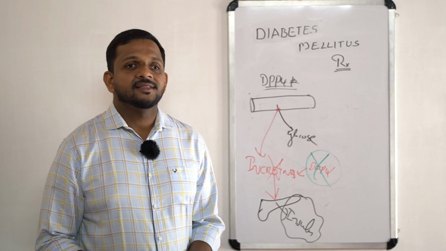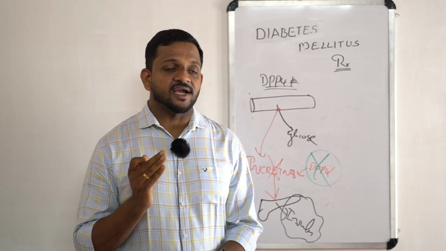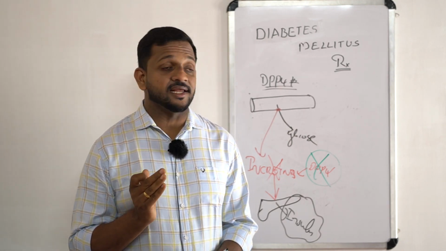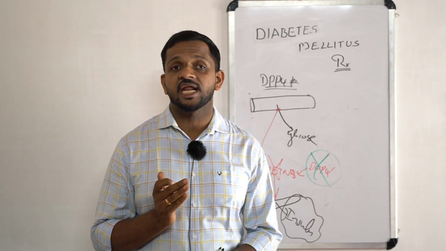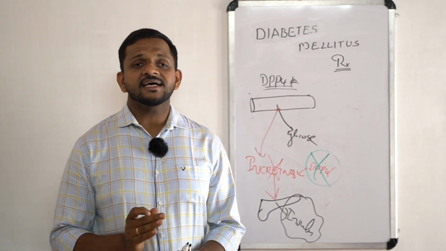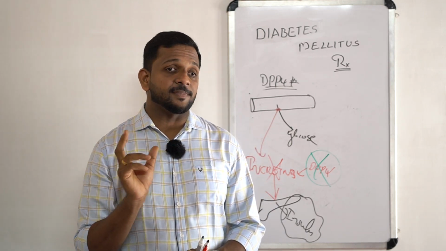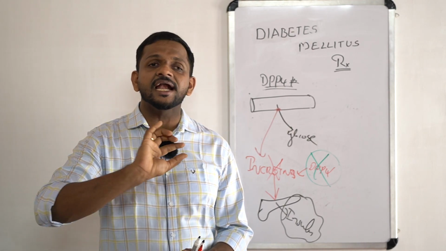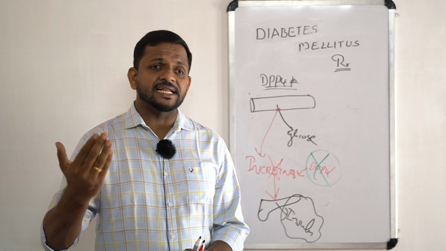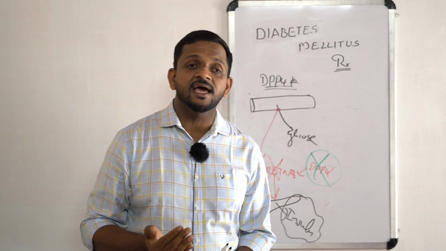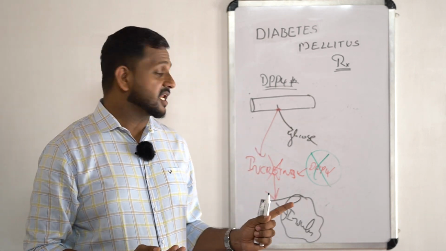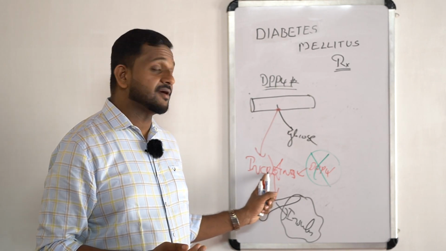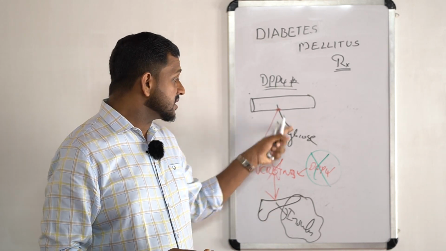But there is some difference between the mechanism of action of sulfonylureas and these DPP-4 inhibitors. If we give sulfonylureas to a patient, it will continuously stimulate the beta cells of the pancreas and continuously secrete insulin. But if we give DPP-4 inhibitors, it elevates the levels of incretins along with the intake of food.